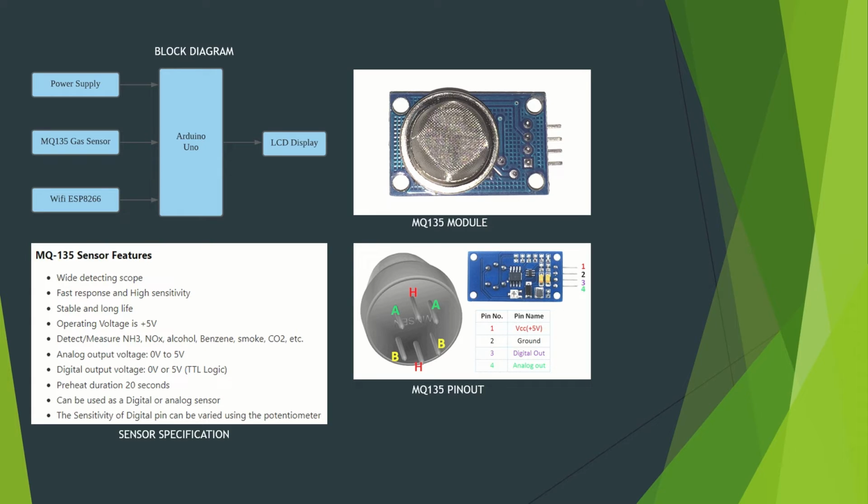It has wide detecting scope, fast response and high sensitivity, stable and long life. Operating voltage is 5 volt. It detects or measures NH3, alcohol, benzene, smoke and carbon dioxide. This sensor can be used as a digital or analog sensor. The sensitivity of the digital pin can be varied using the potentiometer.